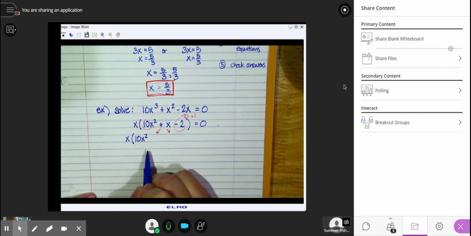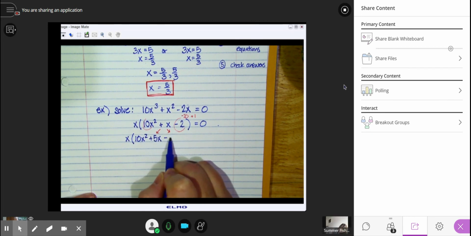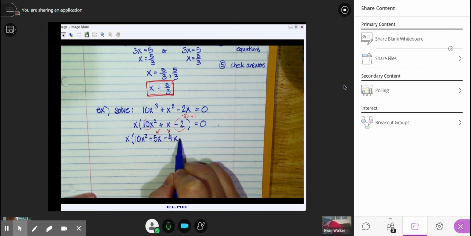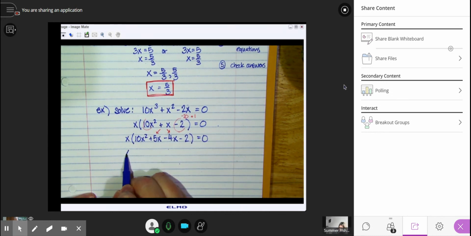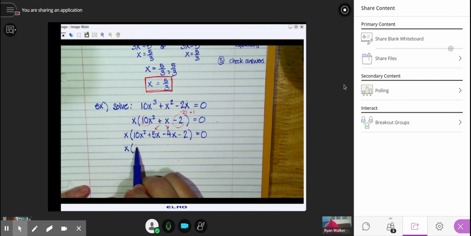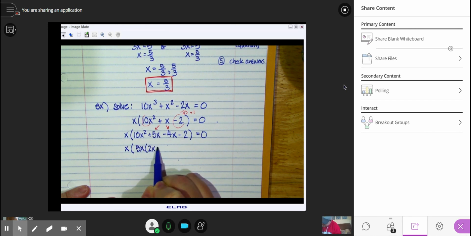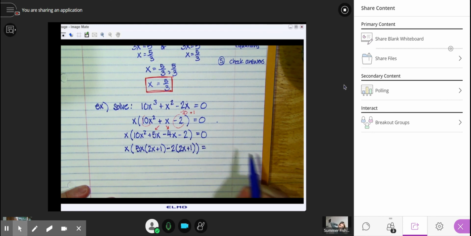That gives me a 10x squared plus 5x minus 4x minus 2. When I factor by grouping, I can pull out a 5x, 2x plus 1, minus 2, negative 4.